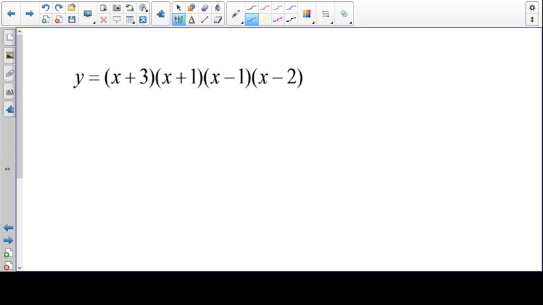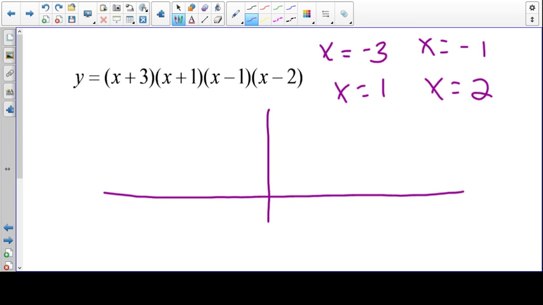Alright, this third example, I now have 4 different zeros. I'm going to have a 0 at x is -3, a 0 at x is -1, a 0 at 1, and a 0 at 2. So in this case, I either need to plug in -4 or I need to plug in 3.